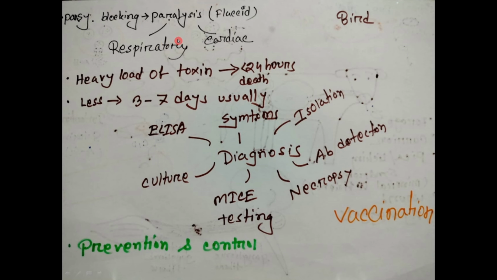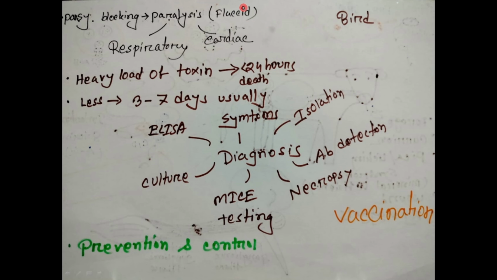Now there are different types of paralysis, like spastic paralysis and flaccid paralysis. But what does flaccid paralysis mean? Flaccid paralysis means that your muscle gets weaker and weaker due to the paralysis. When muscular weakness is observed, this is called flaccid paralysis.